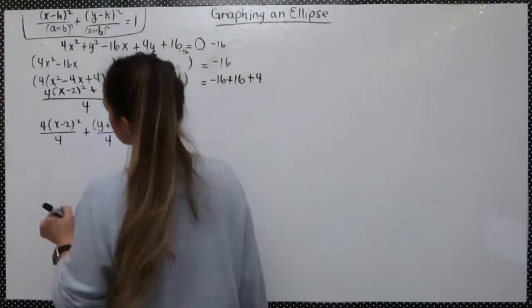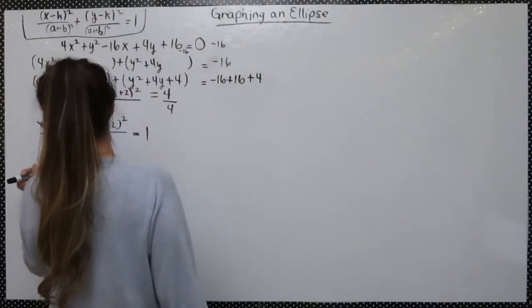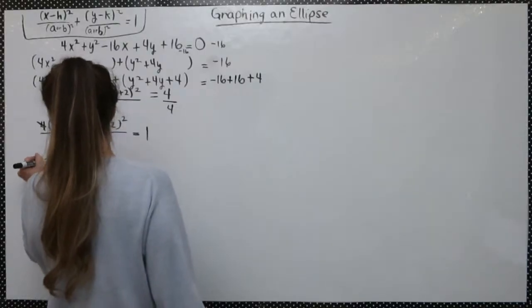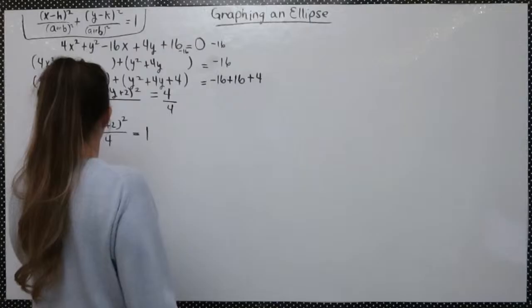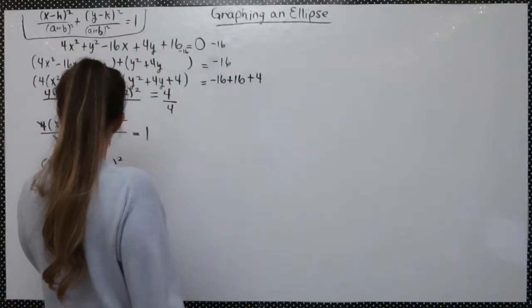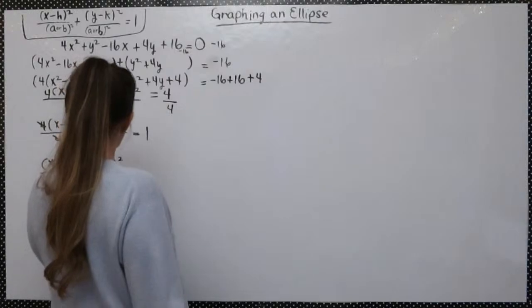And then you have to reduce these down. So you end up with, finally, (x minus 2) quantity squared over 1 plus (y plus 2) quantity squared over 4 equals 1.